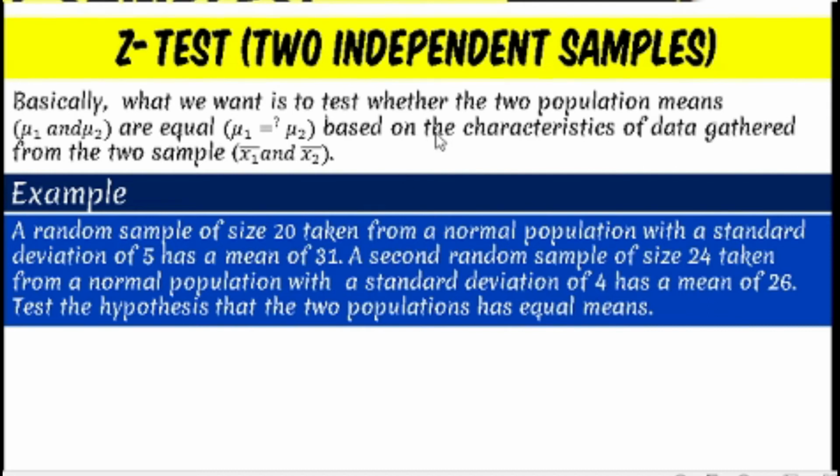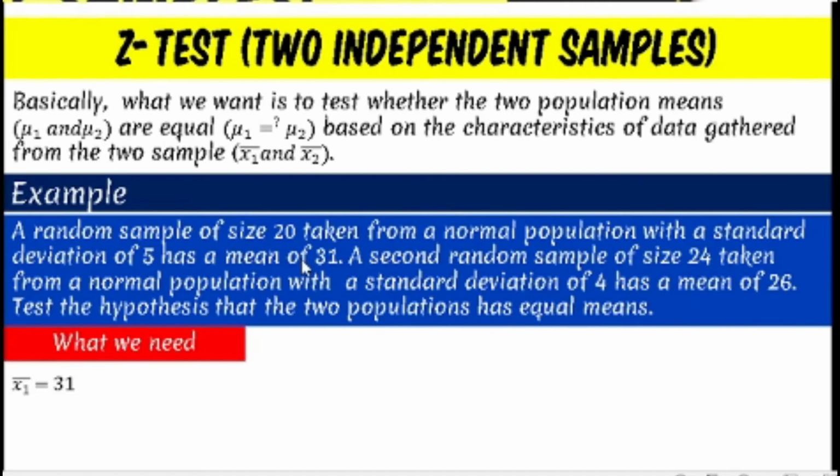So let us summarize the values that we find in our problem. For the first sample, the sample mean is 31, the sample size is 20, and the standard deviation is 5. For the second sample, the mean is 26, the sample size is 24, and the standard deviation is 4.